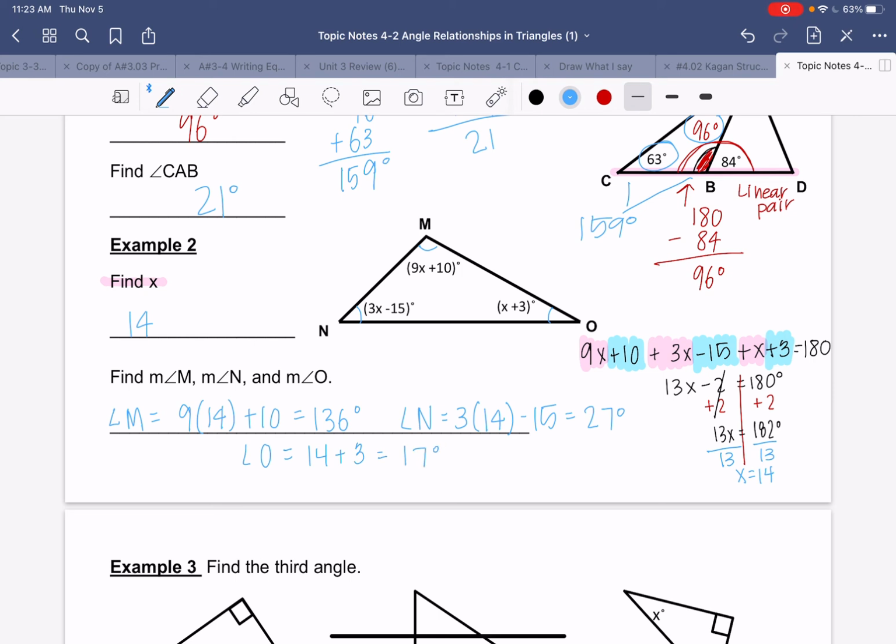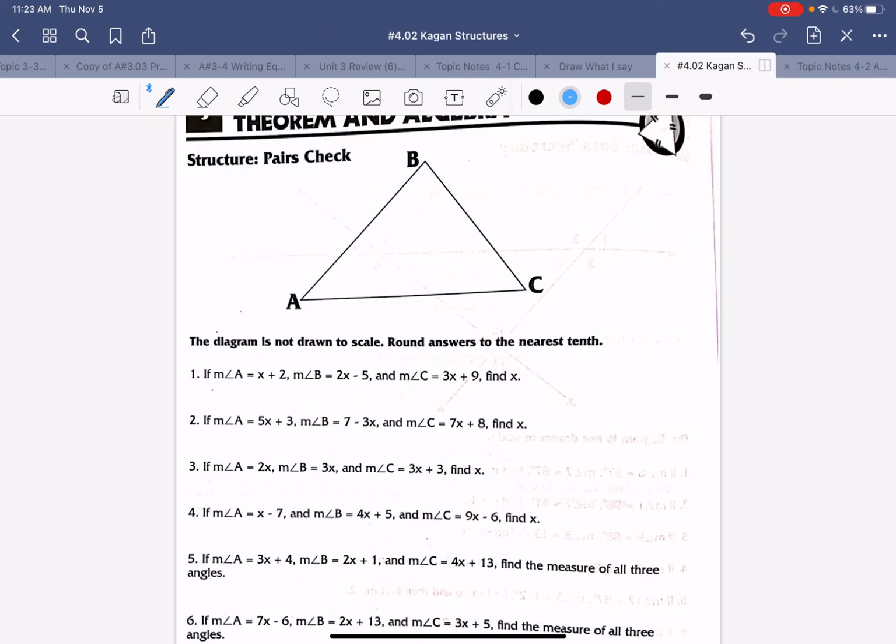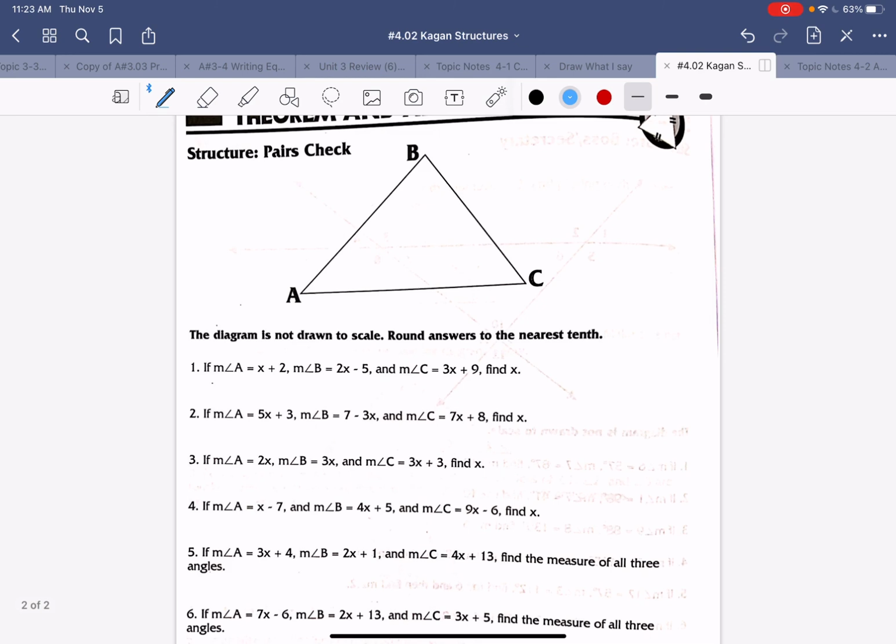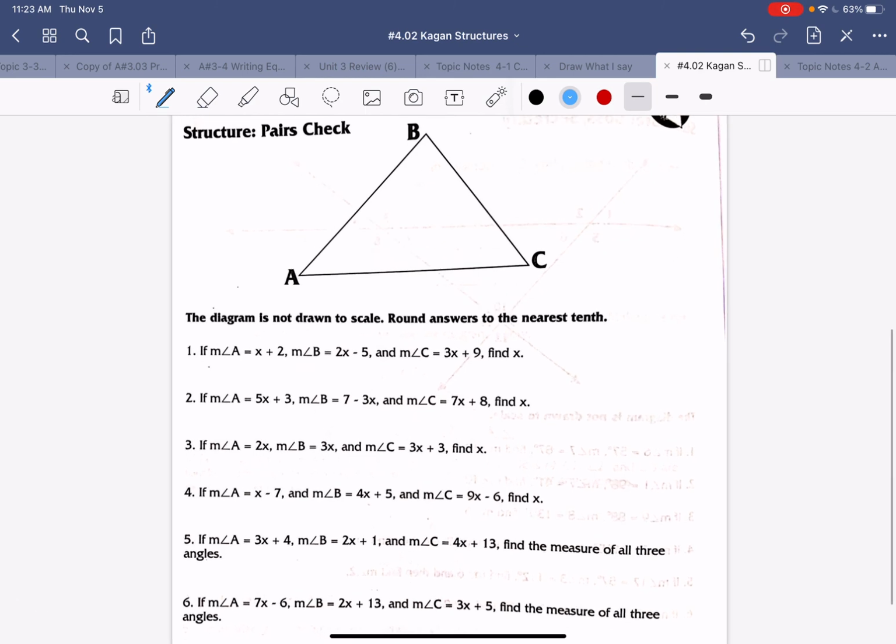Okay, I'm going to show you some examples that I want you to do on your own in your notes. It's not an actual assignment, but I want you to practice that right there, and it's going to be this one. I'm going to put it up on Google Classroom.